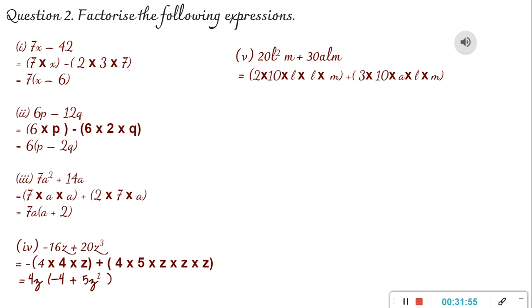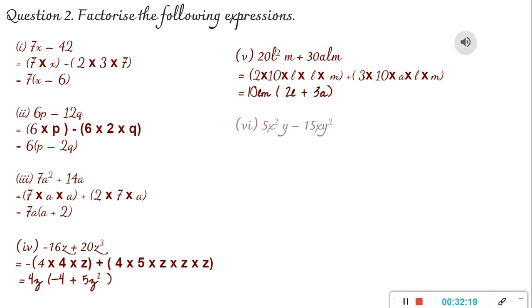So here 10 is common and l and m are also common in both the terms, so we can take 10lm outside. Now what is left inside? 2l plus 3a. So the factor form of 20l square m plus 30alm is 10lm into 2l plus 3a.